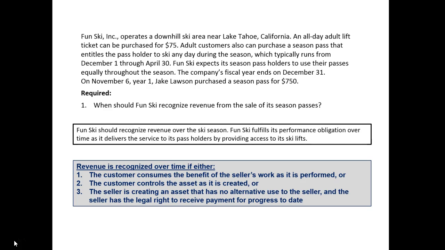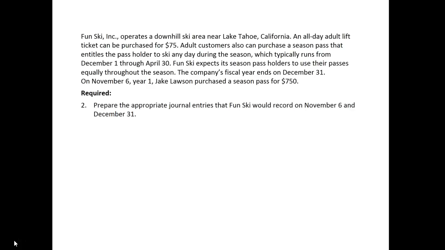If those are the three requirements, then Fun Ski is going to recognize revenue over the ski season. Fun Ski fulfills its performance obligation over time as it delivers the service to its pass holders by providing the access to the ski lifts beginning on December 1st and ending on April 30th.